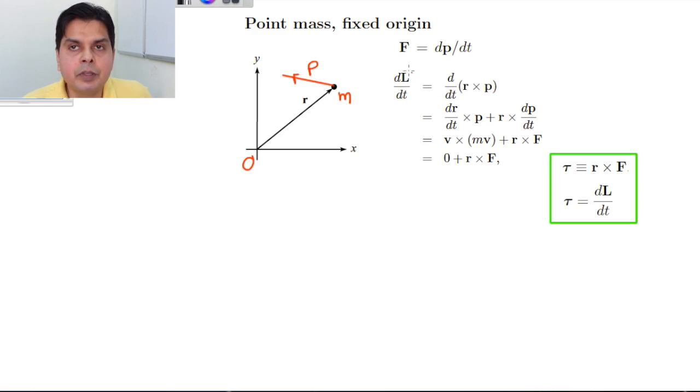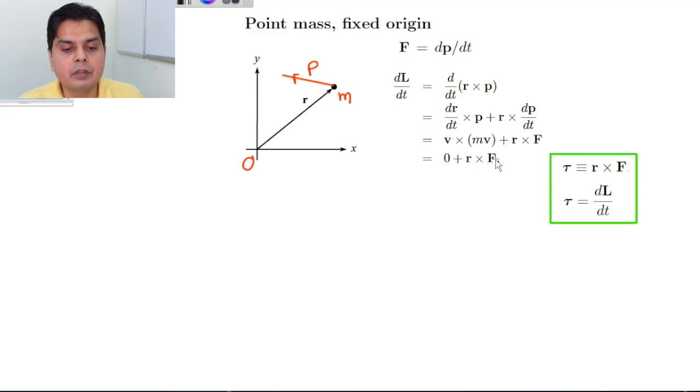L will be R cross P. Now I will find the derivative of this L, that is dL by dt will be d by dt of R cross P. Using the rule for cross product derivative, it will become dr by dt cross P plus R cross dP by dt. Now you see, what is dr by dt? dr by dt is V. So this V cross P, the cross product of two parallel vectors, is 0, so you will get 0 plus R cross F. So what have I got? I have got that dL by dt is R cross F.